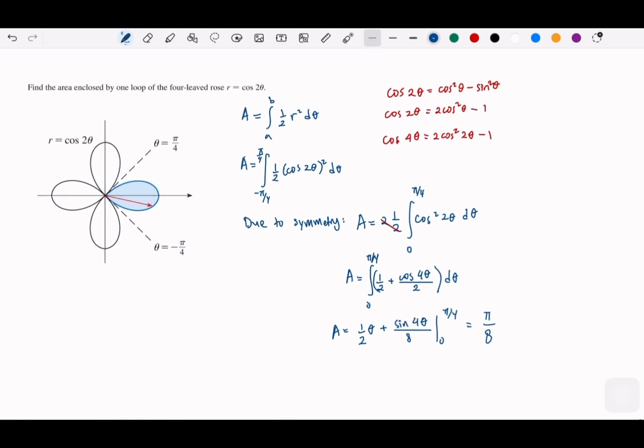Okay, so for this case, I think there are not many calculations and processes.